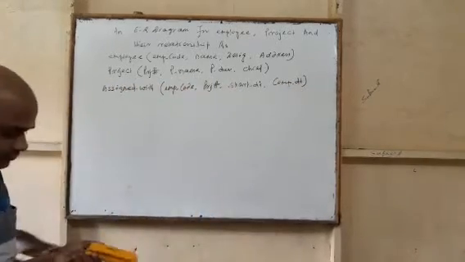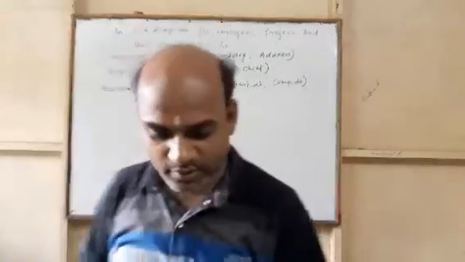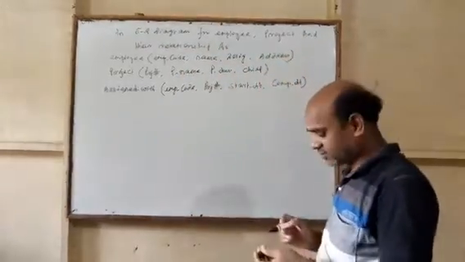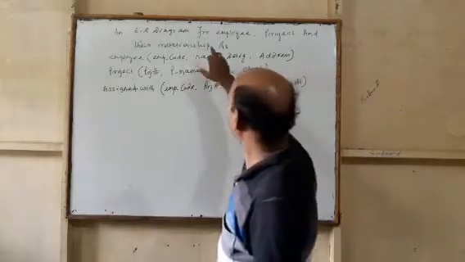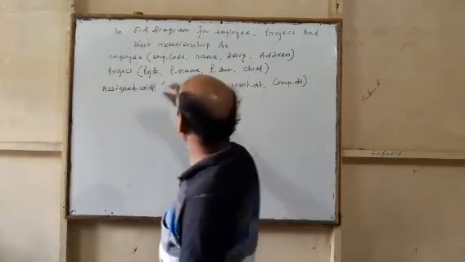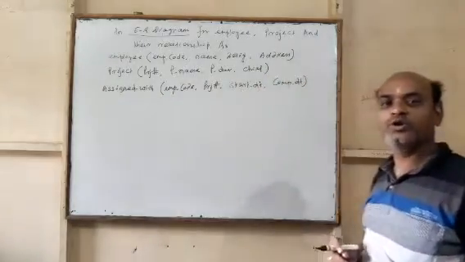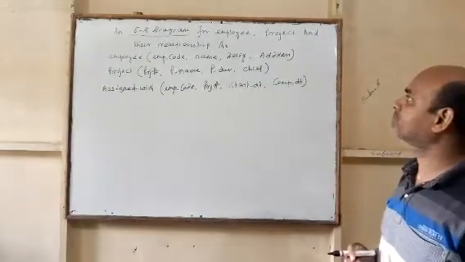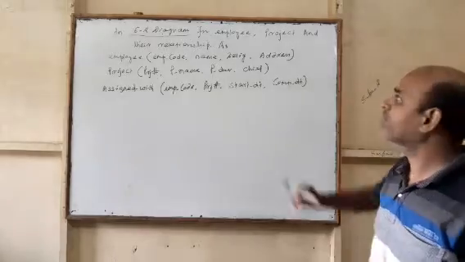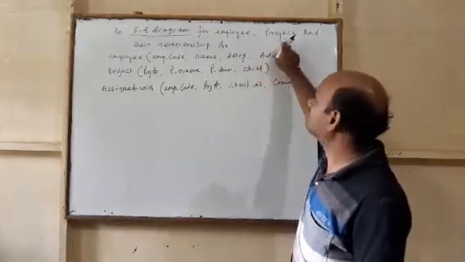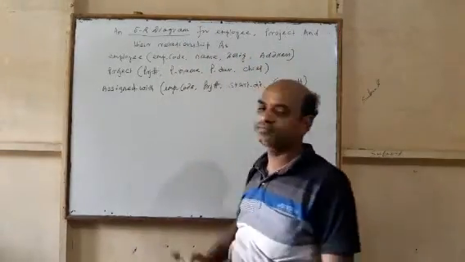Now, considering these entities and relation, we are going to draw an ER diagram by considering the entities employee, project, and their relations.